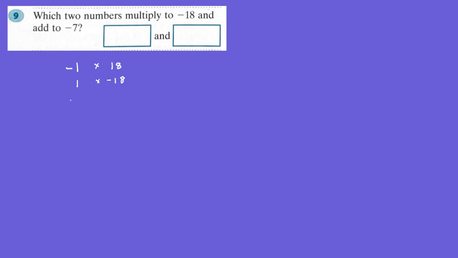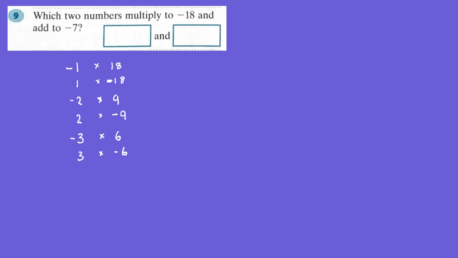What about 2 times minus 9, or minus 2 times 9? Then we could also have 3 times minus 6, or minus 3 times 6. Well, that's it. 4 doesn't go into 18, 5 doesn't go into 18. So these are the numbers.